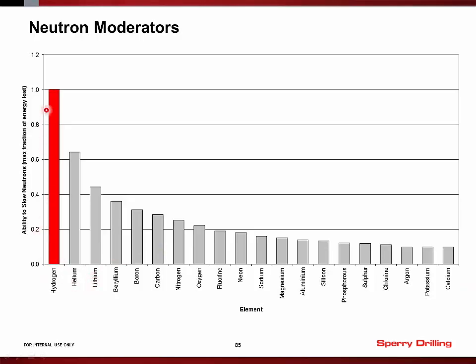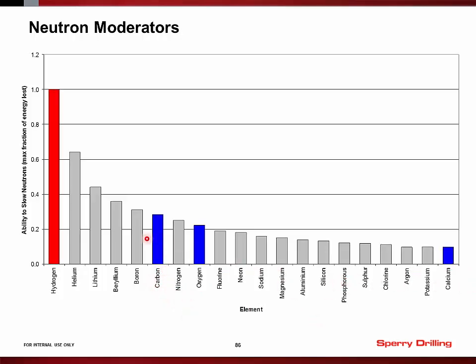So hydrogen is very dominant, but we also find that there are other elements present which contribute to the neutron moderation. So for example, here we've got a case where we have some carbon, some oxygen and calcium present. That's what you'd expect to see in limestone. So if you're in a limestone formation made of calcium carbonate, you've got those three elements present.